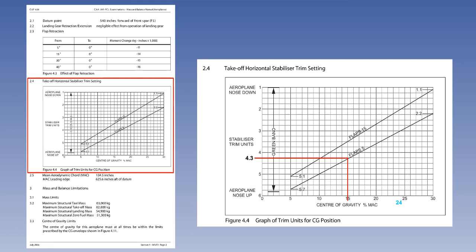To solve for the change in centre of gravity to 24% MAC, we must first locate the 24% position on the centre of gravity scale. And now draw a vertical line to intercept the flap 5 line. Then proceed horizontally to the trim unit line to read 3.1 units, which is the revised setting.